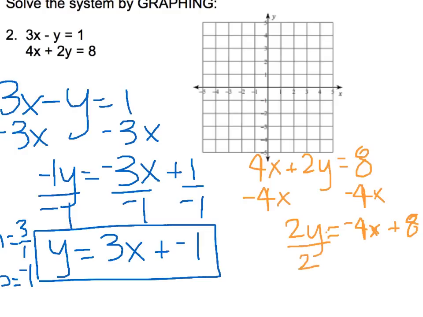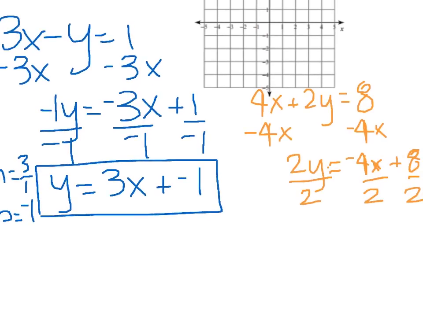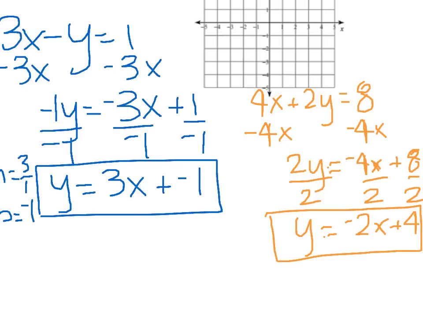Divide everything by 2. And I am going to get y equals negative 2x plus 4. So that's my equation in slope-intercept form. Now I'm going to write my m and my b. So my slope is negative 2 over 1, and my b is 4.